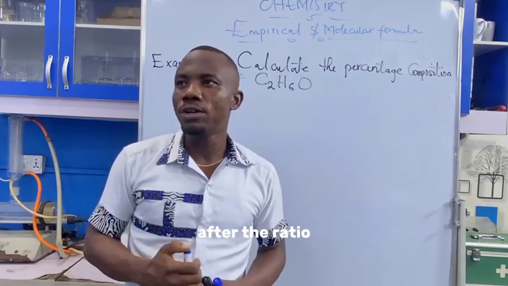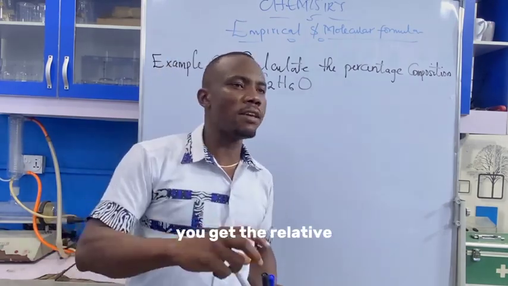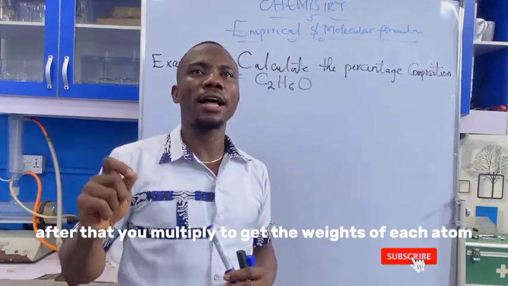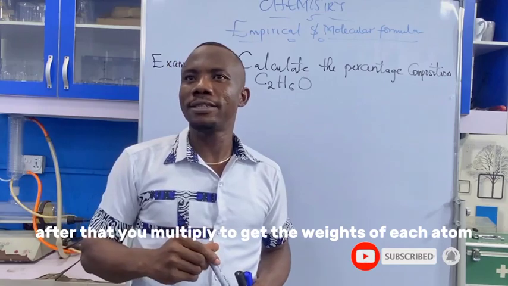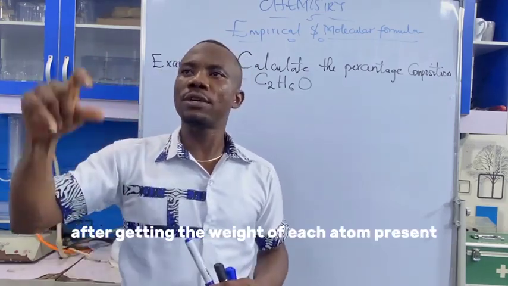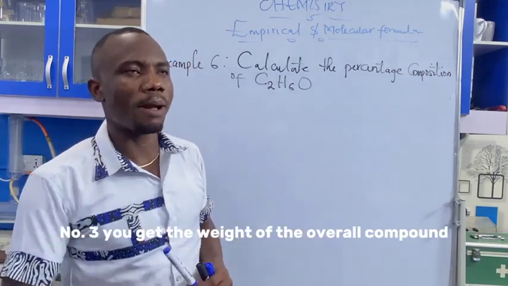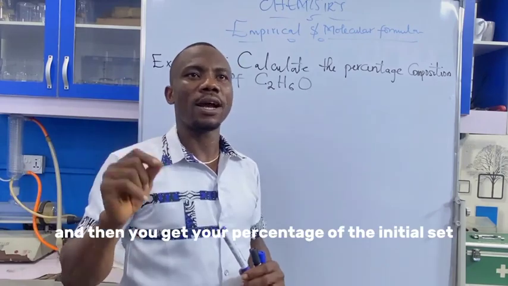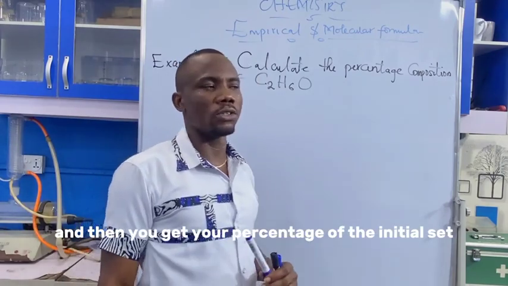After the ratio, you get the relative atomic mass of each of the atoms. After that, you multiply to get the weight of each atom. After getting the weight of each atom present, you get the weight of the overall compound, and then you get your percentage composition.